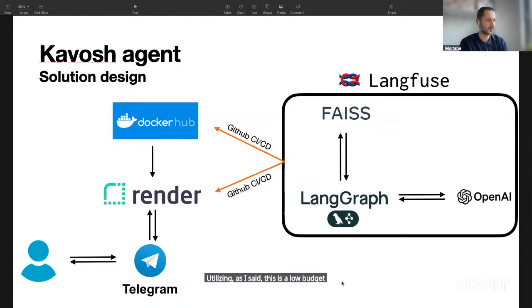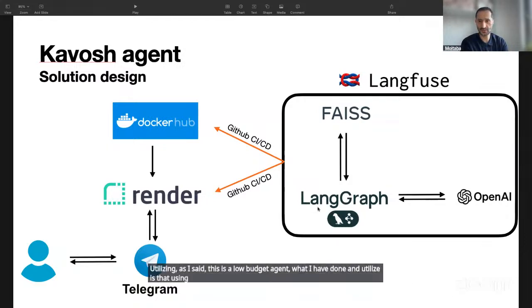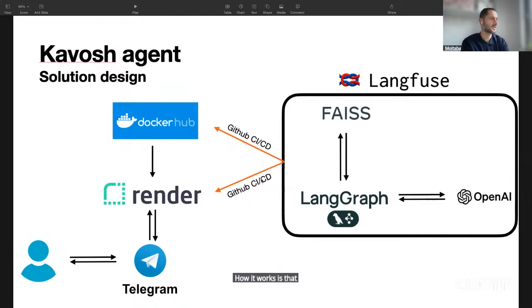As I said, this is a low budget agent. What I have done is use LangGraph to build the agentic framework. I use FAISS as a vector database. I use OpenAI, but you can use some open source models from Hugging Face. How it works is that I put it on GitHub.